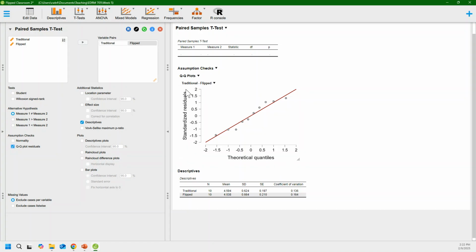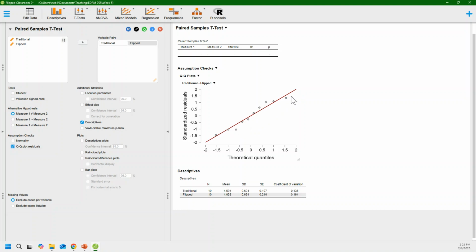If our data are from a normal distribution, then the points in the scatter plot would lie directly on that line, because the x-axis has those values directly from a normal distribution. Now, because we have some sampling variability and our sample size is small, we're not going to get a perfectly straight line. However, none of the points are extremely far from the actual line, and so this shows some evidence that my data are from a normal distribution.